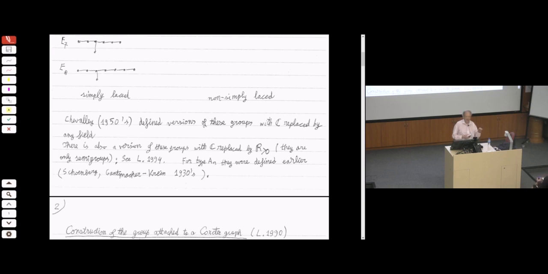Gantmacher-Krein were in Odessa, which everybody has heard of, connected to the Ukraine war. They were mathematicians in Odessa, and Schoenberg was in Romania, in Galați, which is very close to Odessa. So these two groups discovered these things at the same time at very close distance from each other.